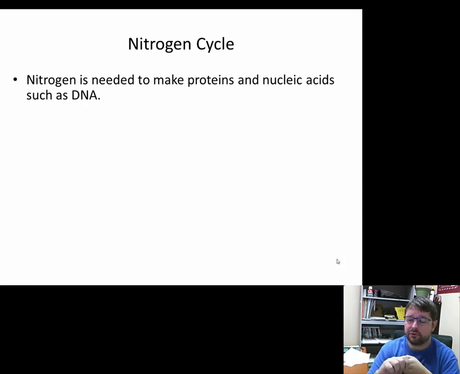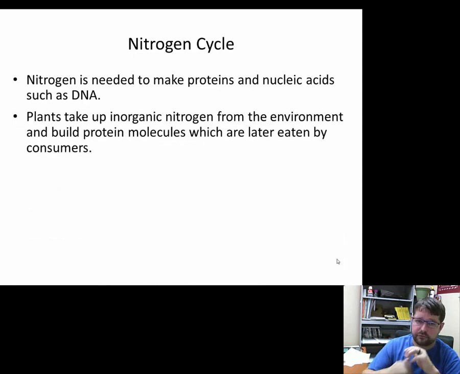Okay, when we look at the role that nitrogen plays in the environment, it's very, very important to also know something about the nitrogen cycle. So again, it starts really with plants. Plants are taking up inorganic nitrogen from the environment, and then organisms can eat those plants to build muscle, and plants are using it to build things like DNA, but so are organisms that eat plants.